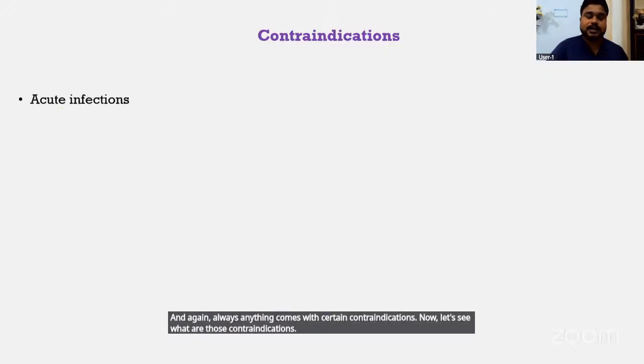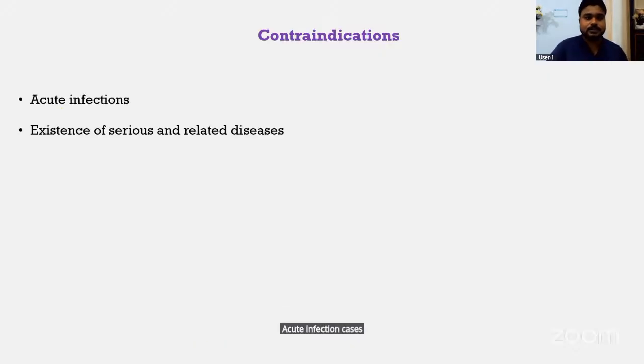And again, anything comes with certain contraindications. Now let's see what those contraindications are. Acute infection cases and any extensive or severe systemic disease, it might be uncontrolled diabetes, any cardiac diseases, or the patient is on chemotherapy or radiotherapy.